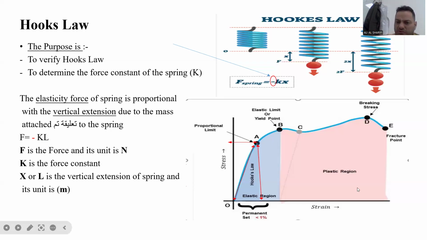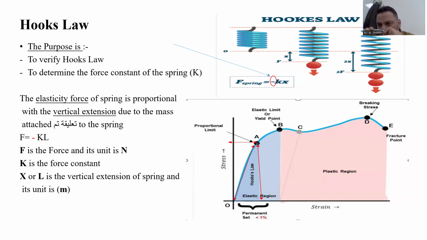Here, up to B on this curve, we have two different relations. From 0 to A, it's approximately a direct linear relationship, but after that it curves; it's not a linear relation. Let me come back to the restoring force.